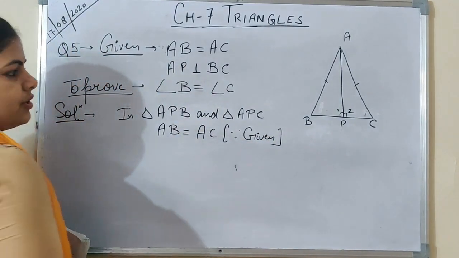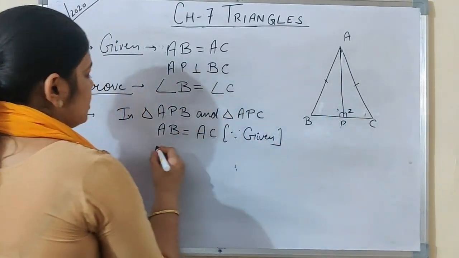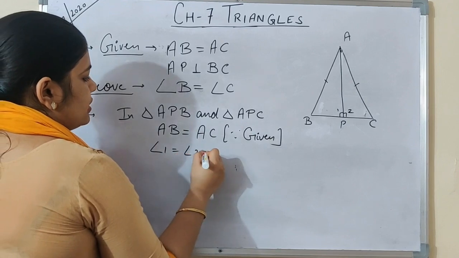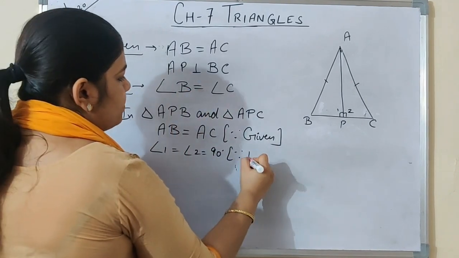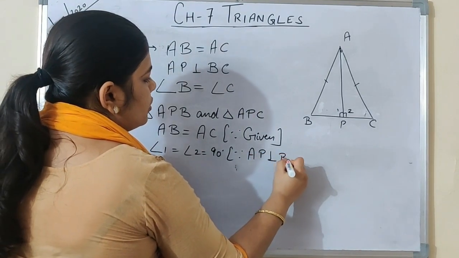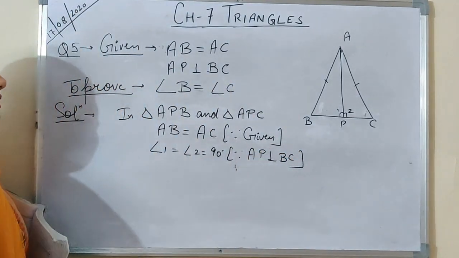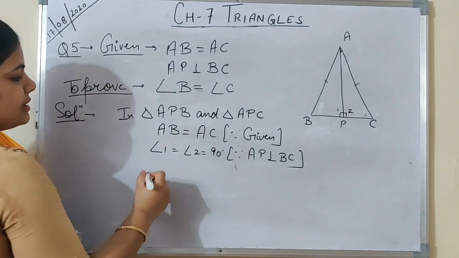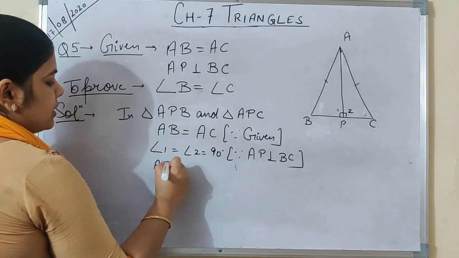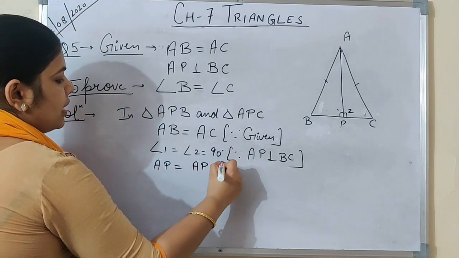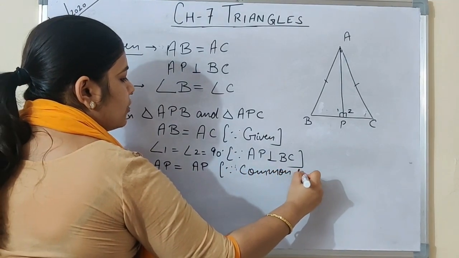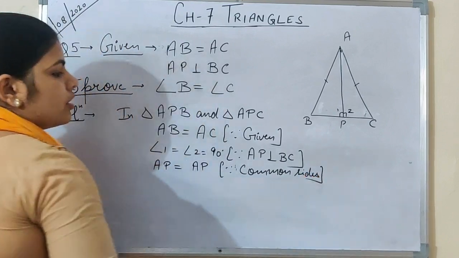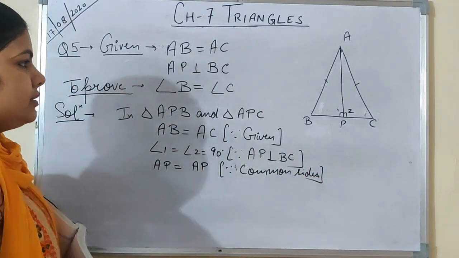The next step we can write that angle 1 is equal to angle 2 is equal to 90 degrees because of AP perpendicular to BC. Again it is given to us. The next point is we can write AP is equal to AP because of common sides.